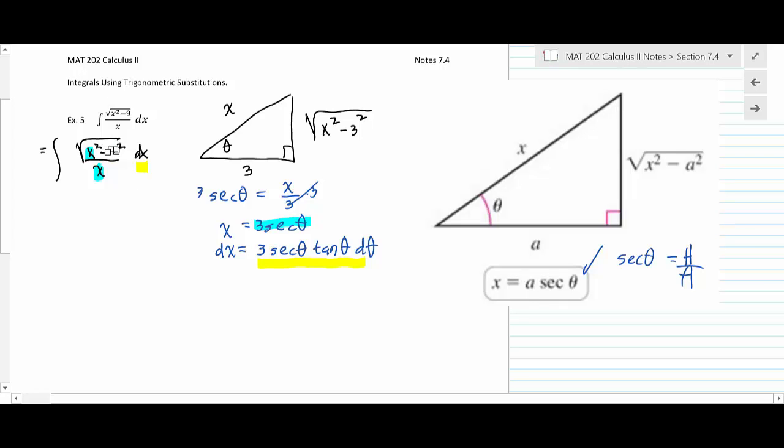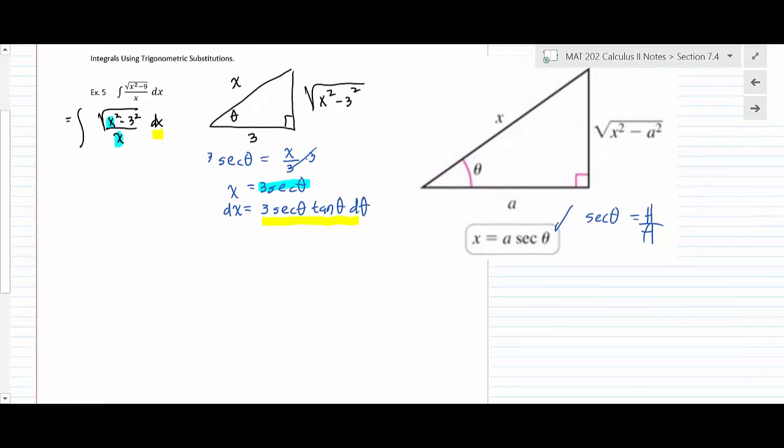So now you want to go ahead and see if you can get everything plugged in, and then we'll be ready to put together our integral and see what we've got. So for the substituted integral, we have the integral of the square root of x, which gets replaced with 3 secant theta squared, and you can write that as minus 9 now, all over x.